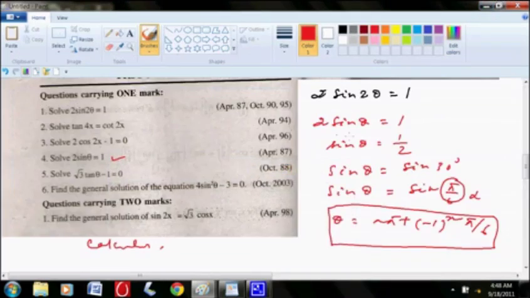Now the basic difference is, here we have a 2 theta, here we have a theta. Now this 2 theta you can think of as something like alpha.